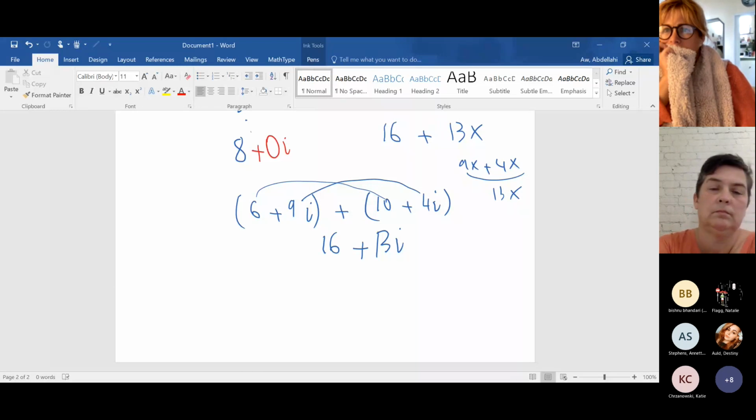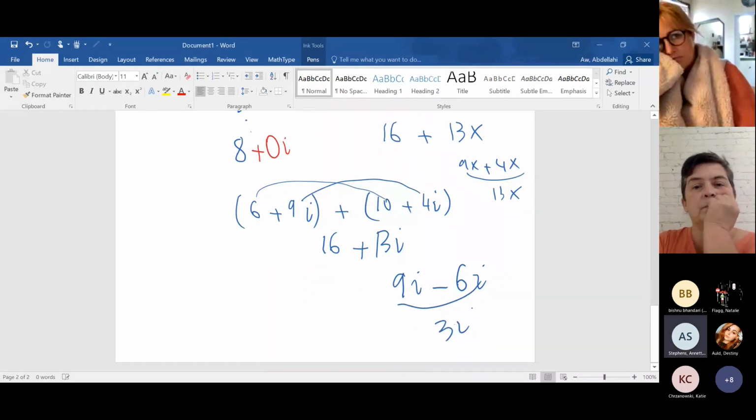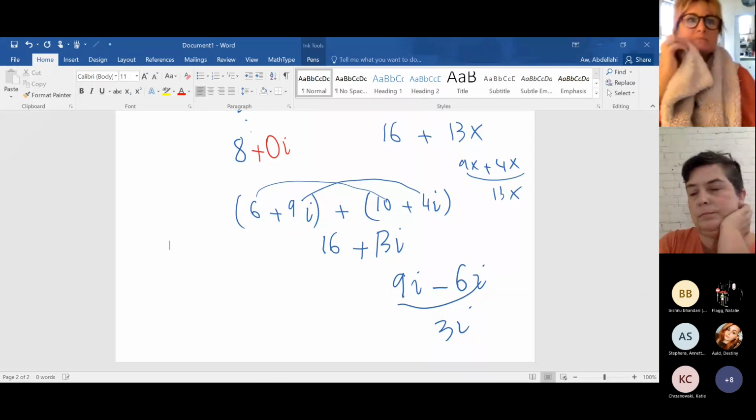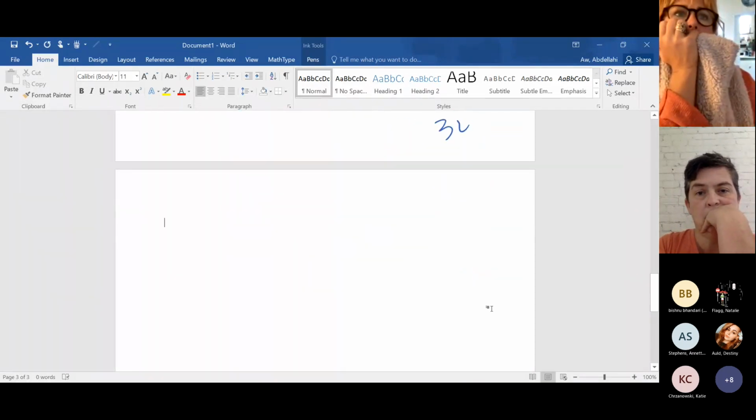For instance, when you say 9i minus 6i, I don't need to know what i is. How much is this? It's just 3i. That is how simple the addition is.